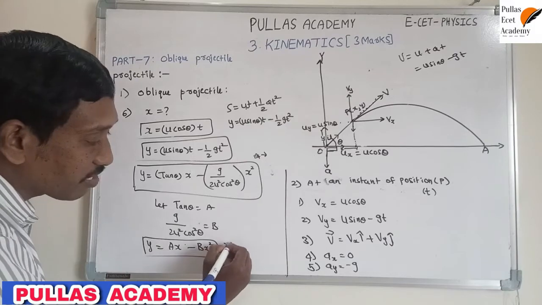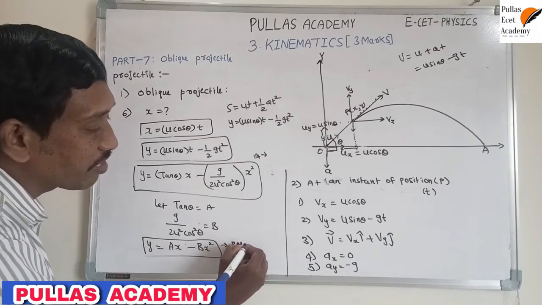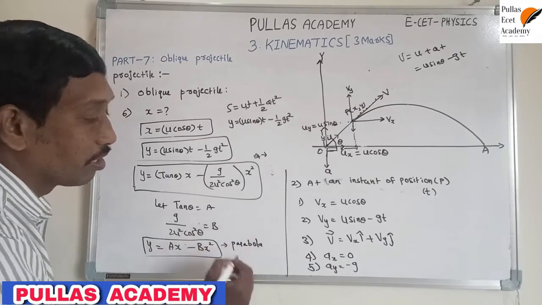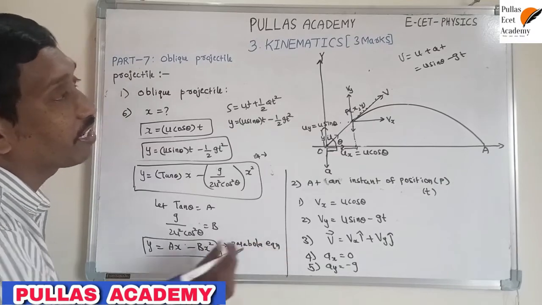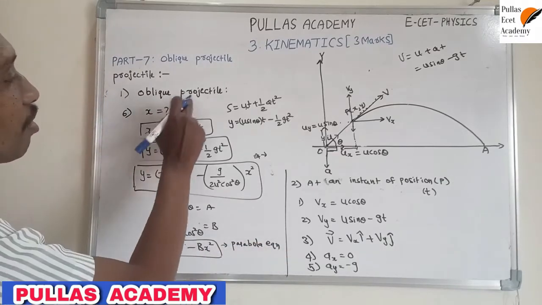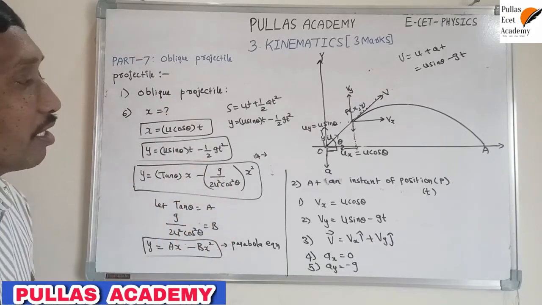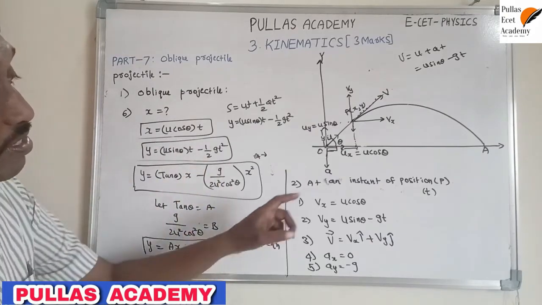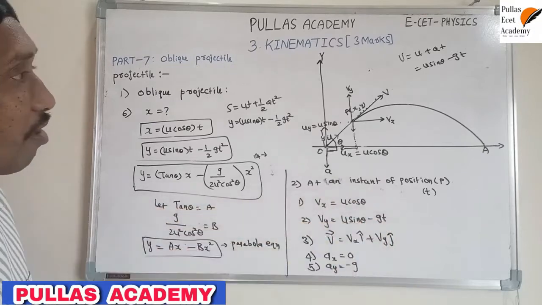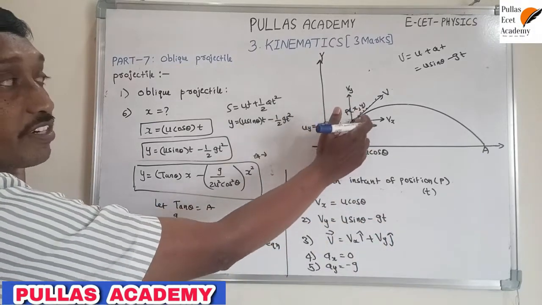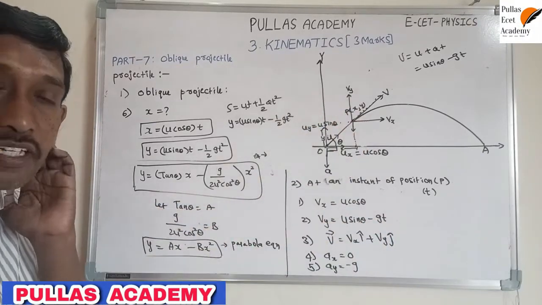Mathematically this equation is a parabola equation. That's why we concluded the trajectory of this oblique projectile is a parabola. Okay, so these are the important expressions at an instant of position. Here also the angle between velocity and acceleration is 90 plus theta.